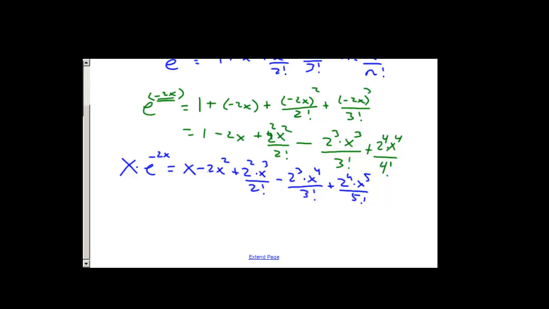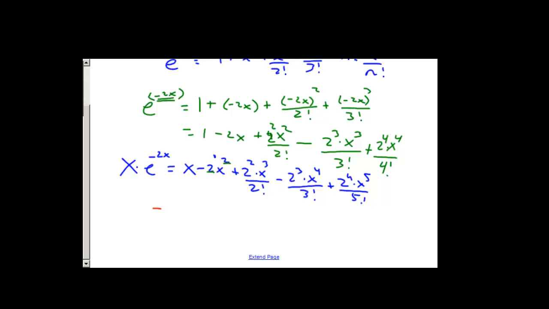Well, we've got 2, 2. So there's always, and maybe it's helpful if I put a 2 to the 1 there. So the powers of the 2's are always 1 less than the powers of the x's, and the powers of the x's are always 1 more than the factorial numbers. So let's see if we can get this right.